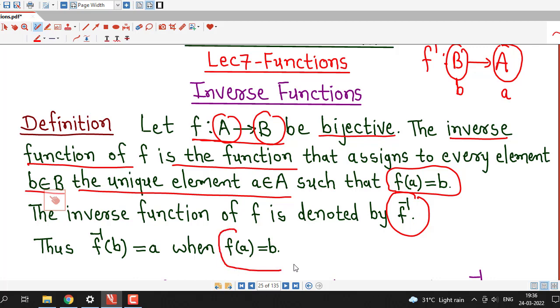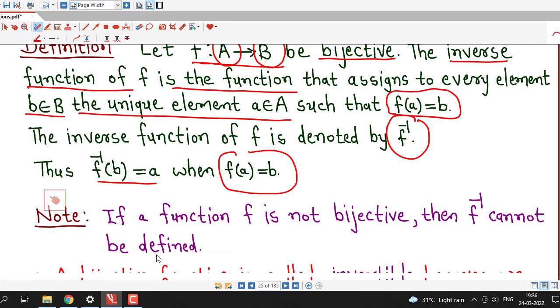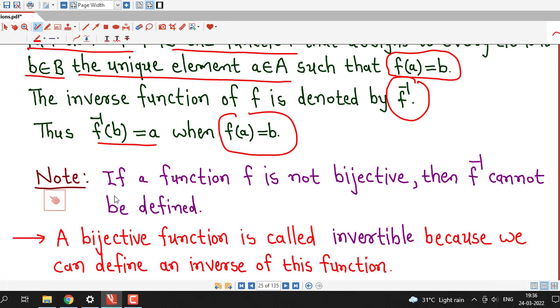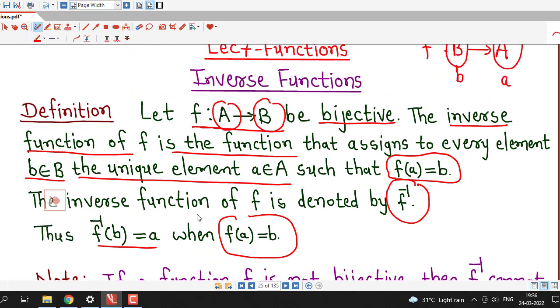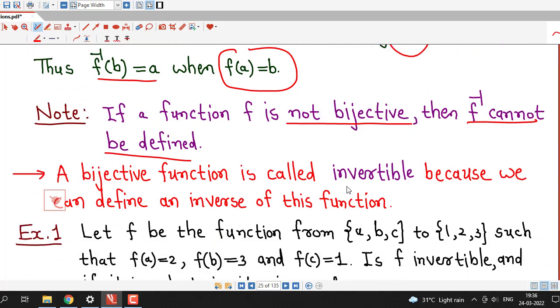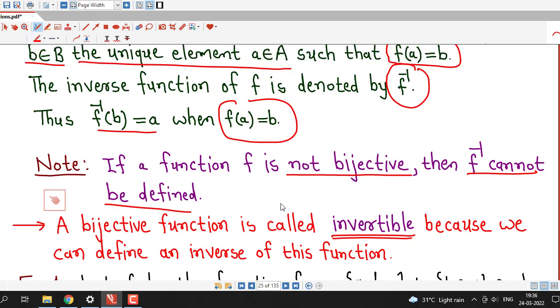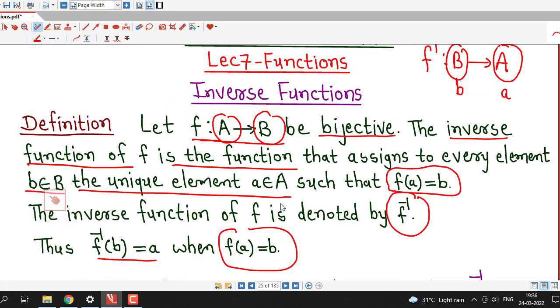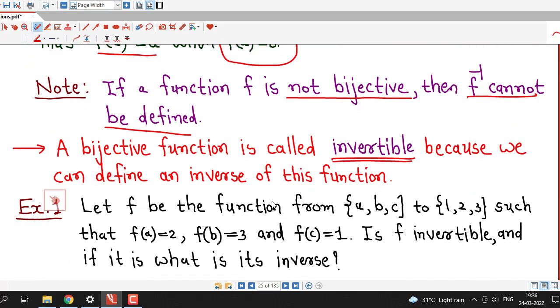So if f of A equal to B, then f inverse of B will be equal to A. And we make this remark that if a function f is not bijective, then f inverse cannot be defined, and if the function is bijective, then f inverse can be defined. So we can say that a bijective function is invertible because we can define an inverse of this function. So our function is invertible if it is 1-to-1 and onto.